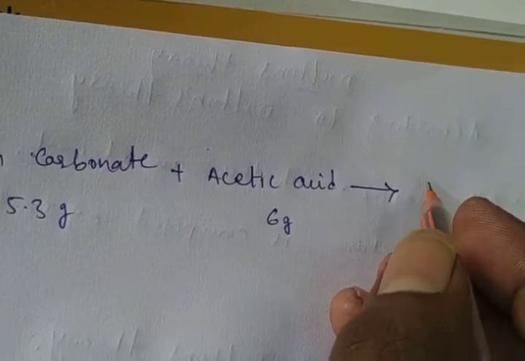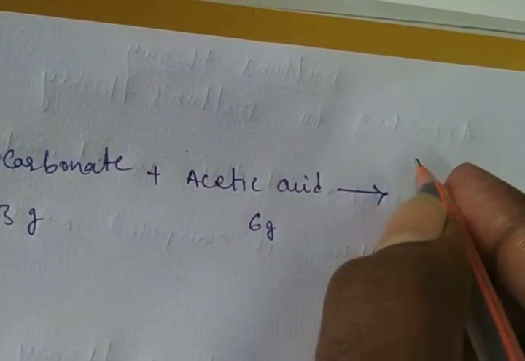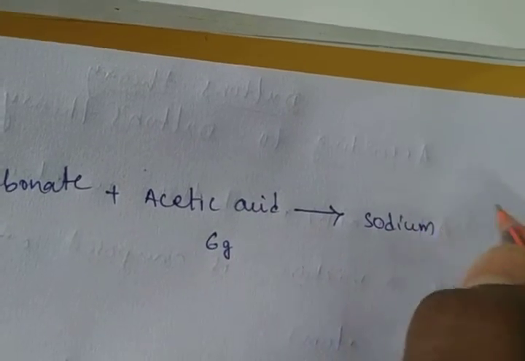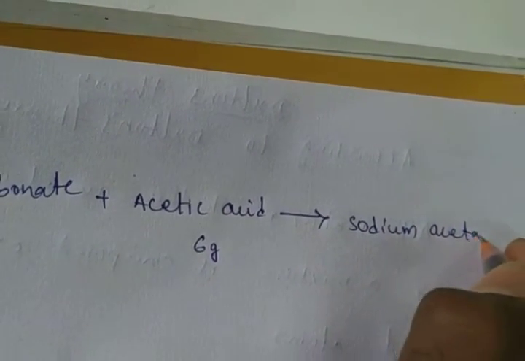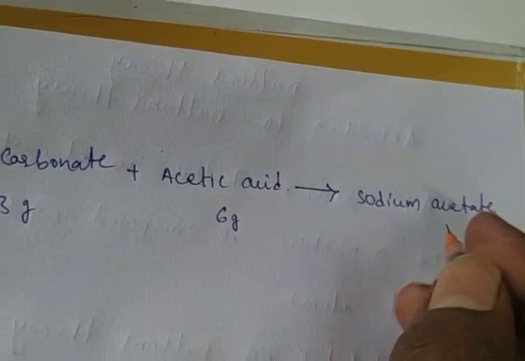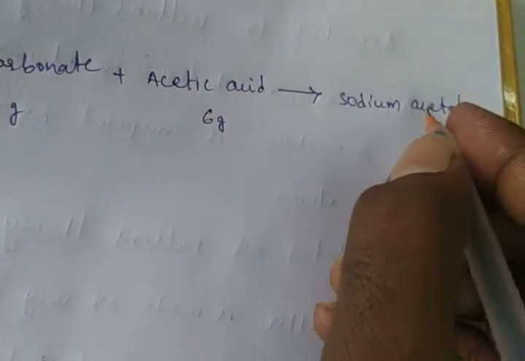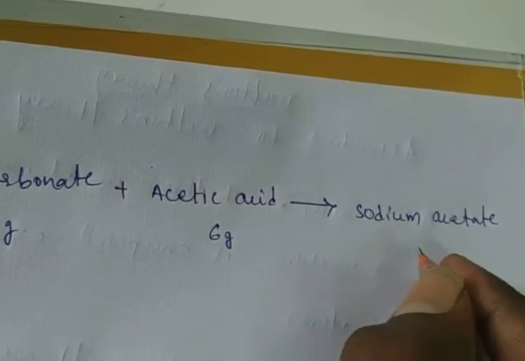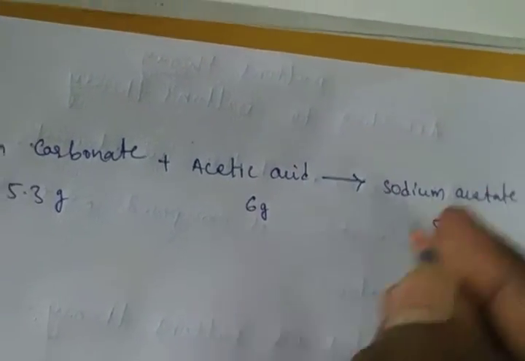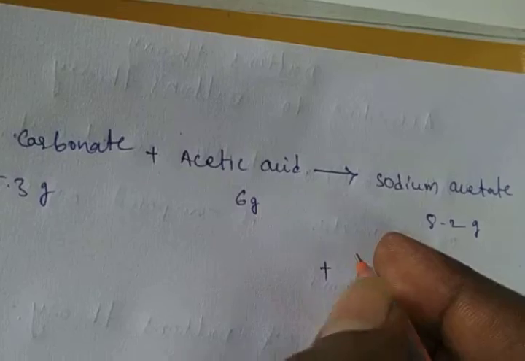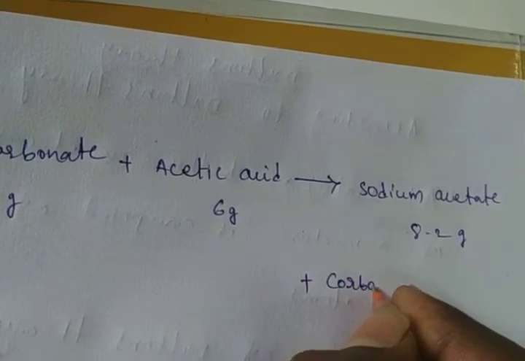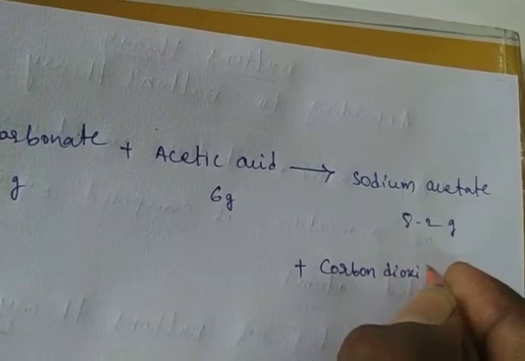Then what are the products? Sodium acetate. Sodium acetate, how many grams? Sodium acetate is 8.2 grams, plus carbon dioxide.